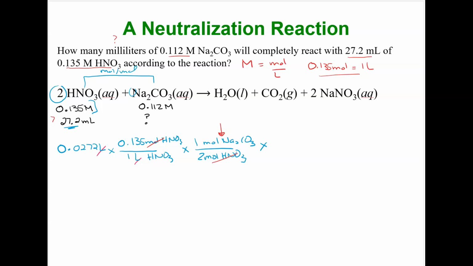But my question is asking for the volume, and our adapter between moles and volume is concentration. And so I'm going to use the concentration of the sodium carbonate, and the concentration is 0.112 moles of Na2CO3 per 1 liter of sodium carbonate.